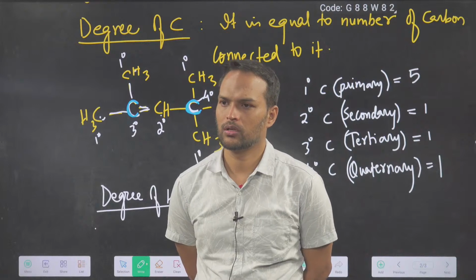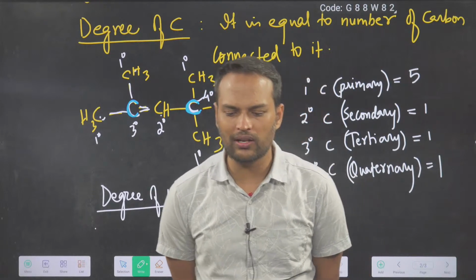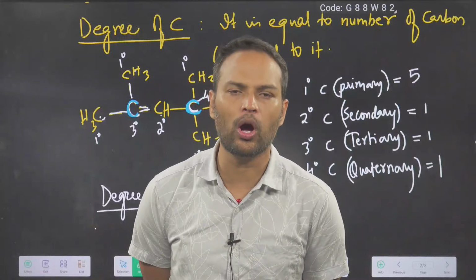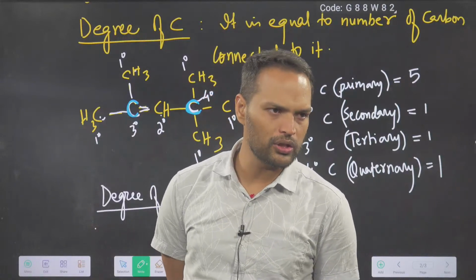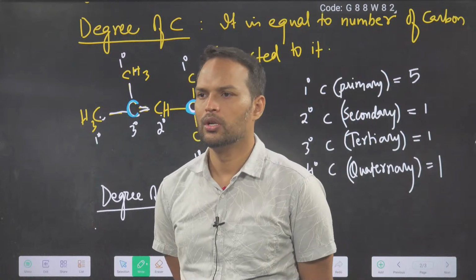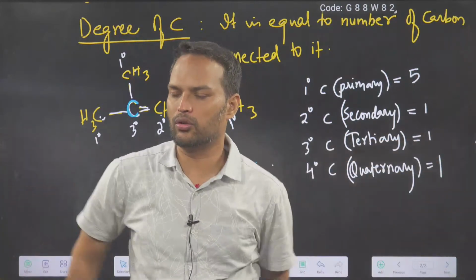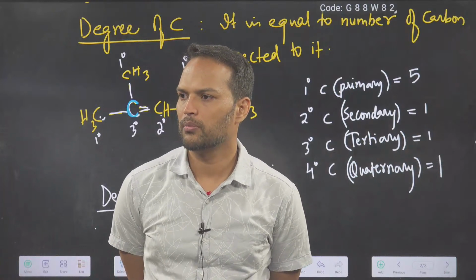No, because we know hydrogen always has only one bond. So you cannot say that the degree of hydrogen is how many bonds of hydrogen, because there is only one.